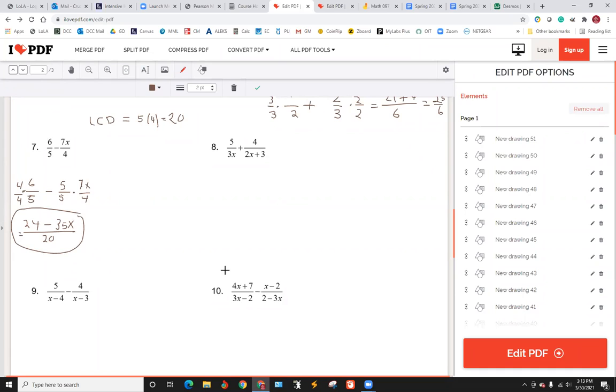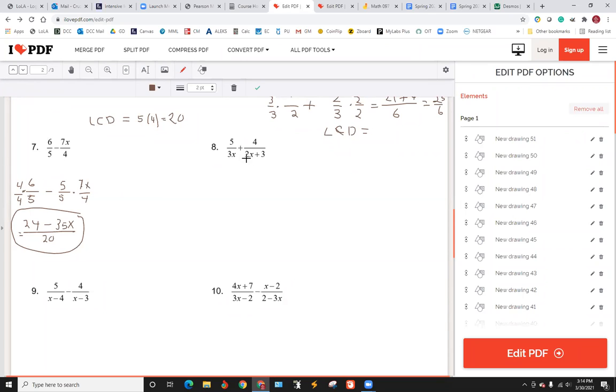All right, so y'all try the next one. I'm going to give you all a bit of a hard one. First of all, let me just ask you the LCD, and then I'll give you some time to work on it. What's the LCD? Remember, it's the same process as we did over here. Since these have x's in them, they're not going to be numbers. It's going to be a number at one point whenever we figure out what x is, but we're not doing that here. We took these two and multiplied them.